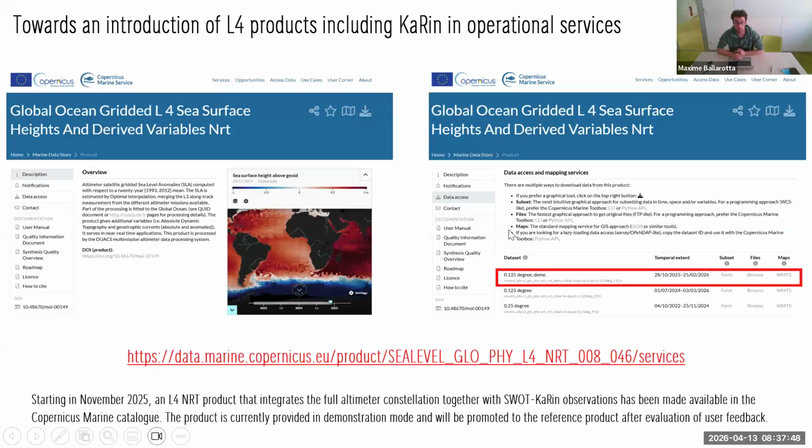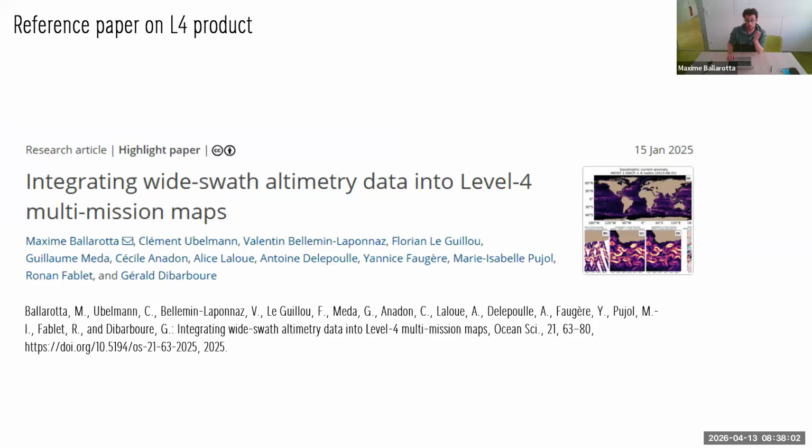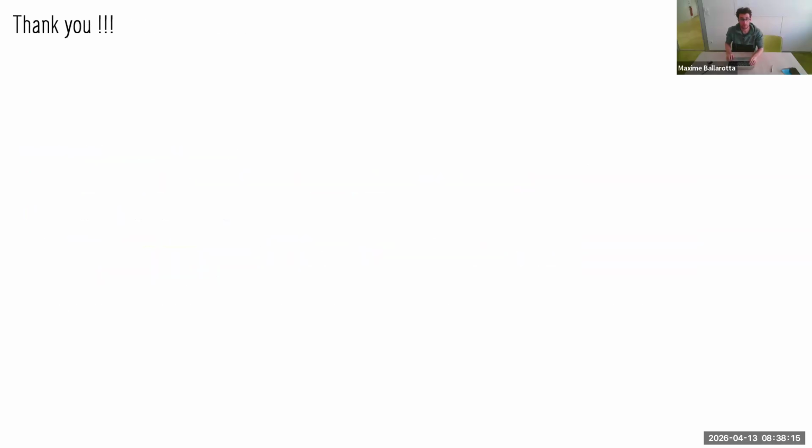Don't hesitate to look at this product and send us an email if you see bad things or good things in these productions. Finally, that's the reference of the paper published last year or two years ago about the integration of the Karin data in the level 4 product with MIOST.